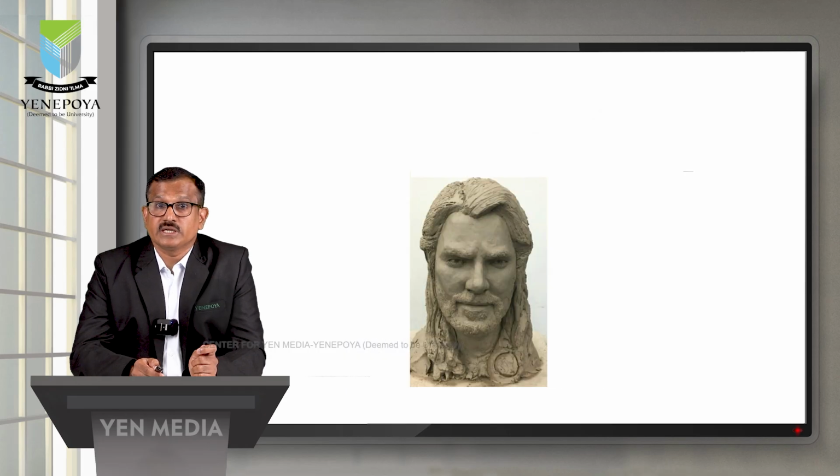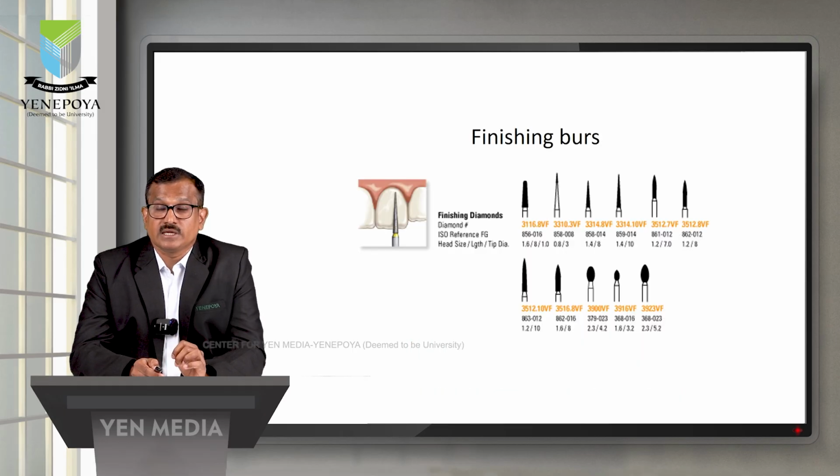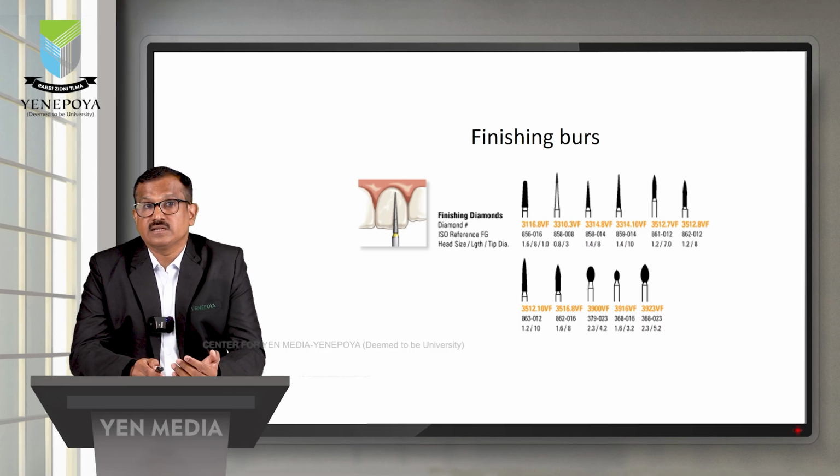Coming to finishing and polishing, generally people do a nice contouring and finally, when they finish, it looks like this. Keep in mind that it has to be done in a proper, scientific way. First do all your cusp build-ups initially and check the occlusion, and then start the fine finishing.